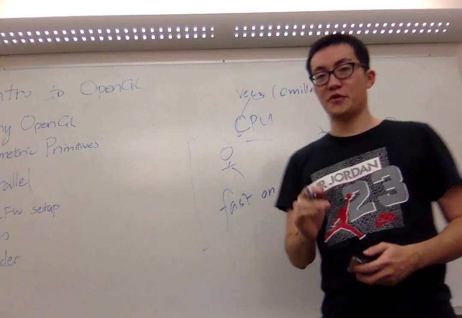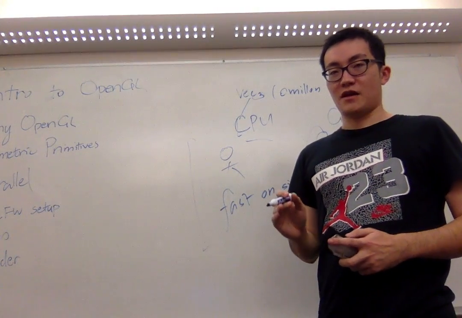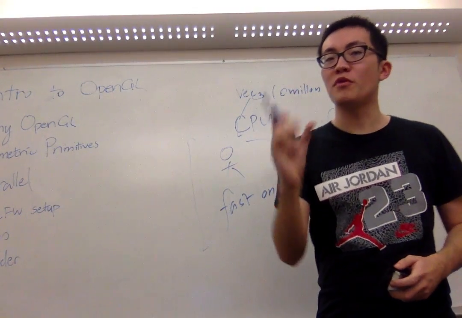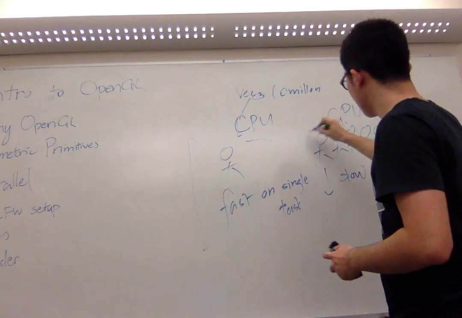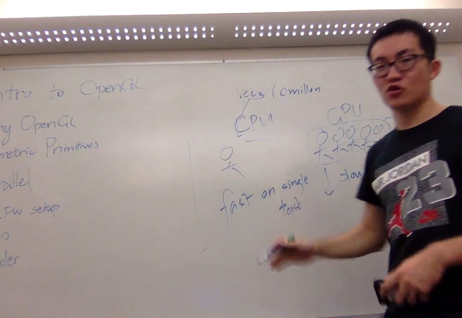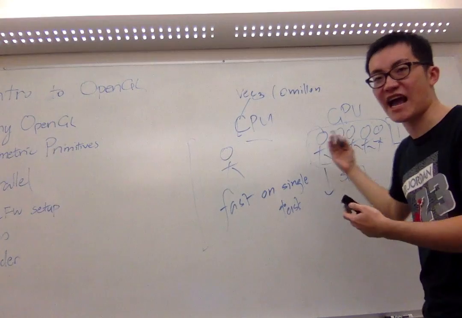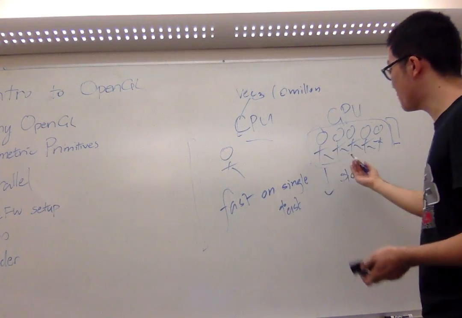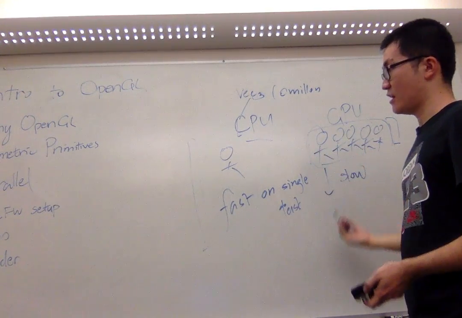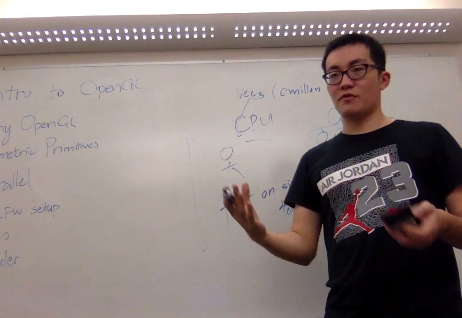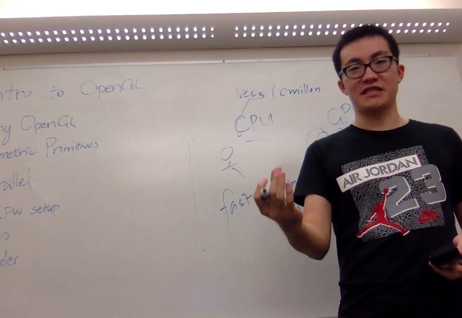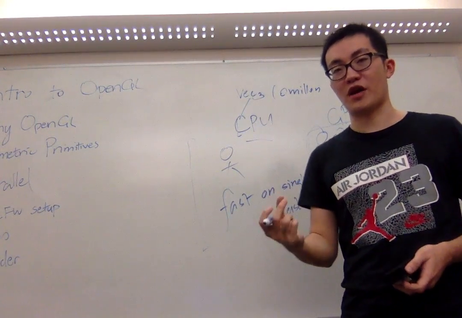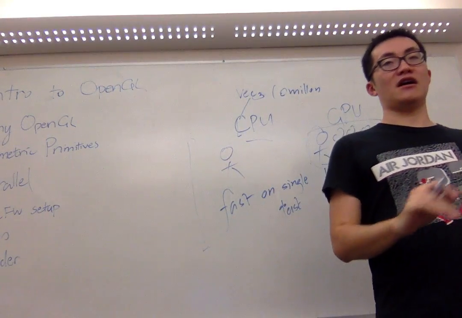So with OpenGL, you are using OpenGL functions to tell these people to perform tasks, to assign them tasks, and to gather information from these people. And so the rendering speed is crucial to computer graphics.